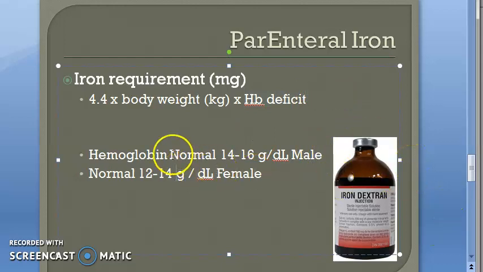So what is the normal hemoglobin? In male it is 14 to 16 gram per deciliter, and in female it can be 12 to 14 gram per deciliter. Based on this you can calculate the hemoglobin deficit and tell how much iron should be given: 4.4 into body weight into hemoglobin deficit.